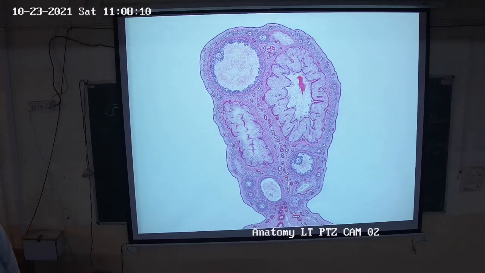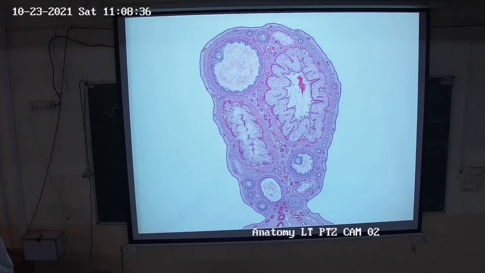Then they move to their respective places during the 5th month of gestation, and there are around 5 to 6 million oogonia, which remain 1 million at the time of birth. And these cells are arrested at which stage? Prophase, first meiotic stage.